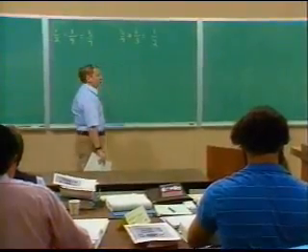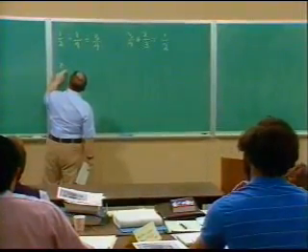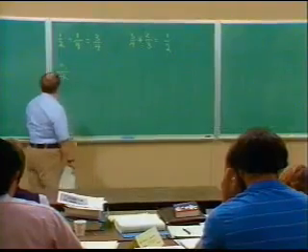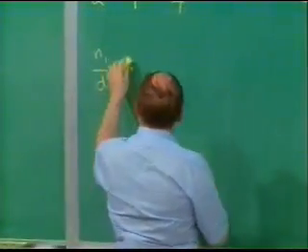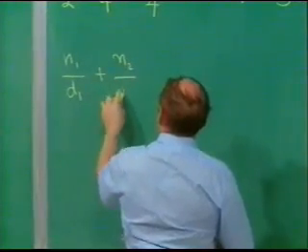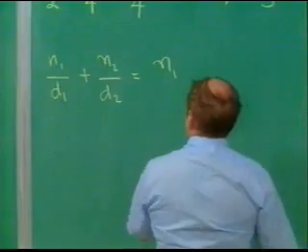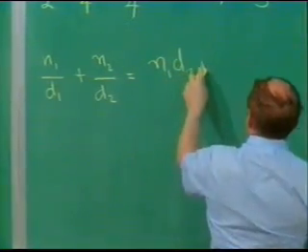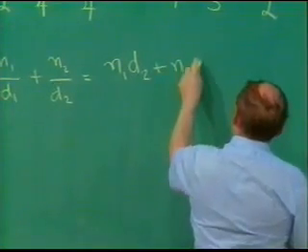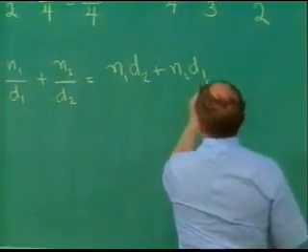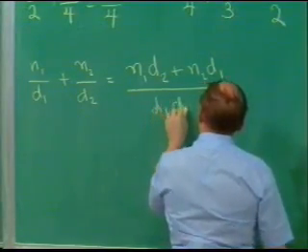Right? And you know what I have in mind. You also know how to do this from 5th grade or 6th grade. There are these formulas that say if I have some fraction, which is a numerator over a denominator, and I want to add that to some other fraction, which is another numerator over another denominator, then the numerator of the answer is the numerator of the first times the denominator of the second plus the numerator of the second times the denominator of the first, and the denominator is the product of the two denominators.